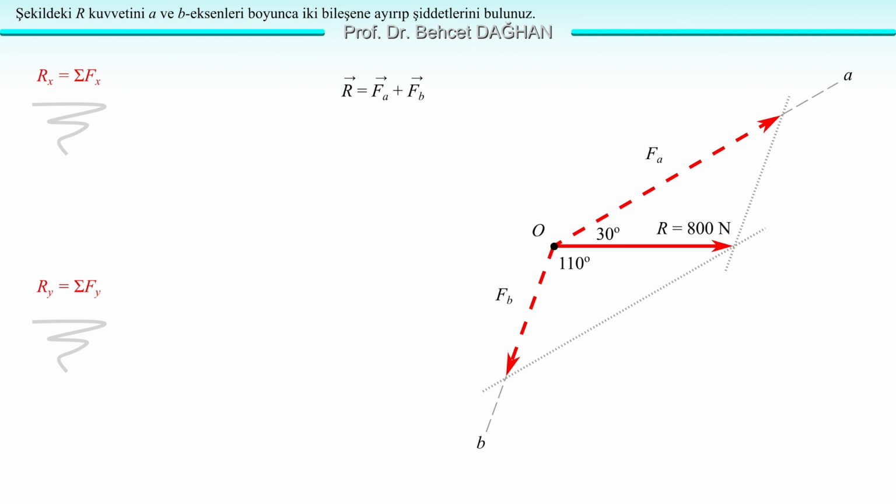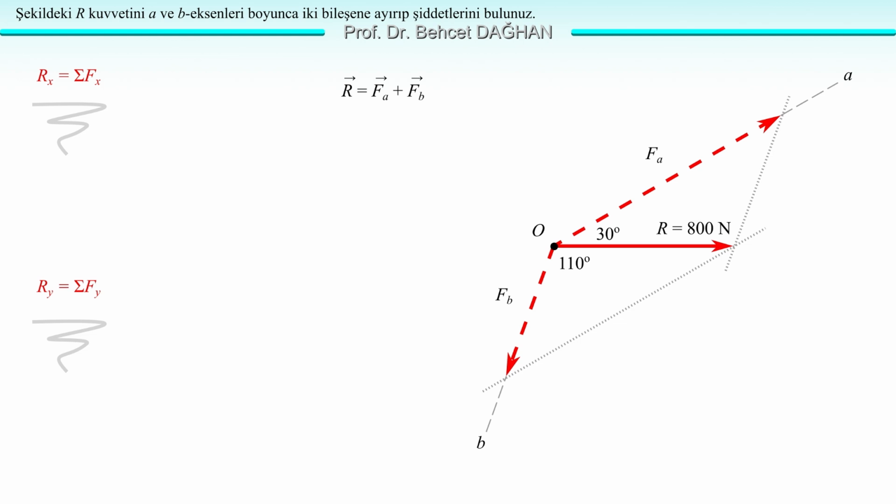We know the relations Rx equals sigma Fx, Ry equals sigma Fy. What do these relations tell us? The projection of the resultant onto the x-axis is equal to the sum of the projections of the components onto the x-axis. The projection of the resultant onto the y-axis is equal to the sum of the projections of the components onto the y-axis. In fact, where is this x-axis, where is the y-axis?